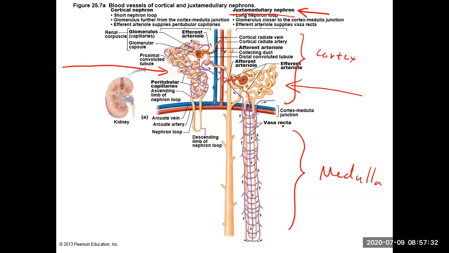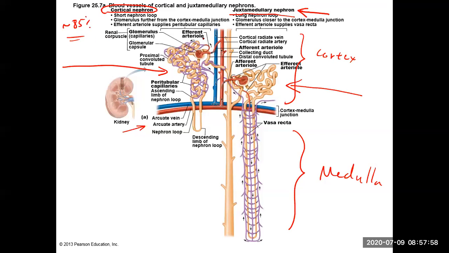And one of the important arteries separating the two parts was the arcuate artery. In anatomy, you learn that, which is right here. Either way, what's the difference? Well, 85%, like I said before, are cortical nephrons.